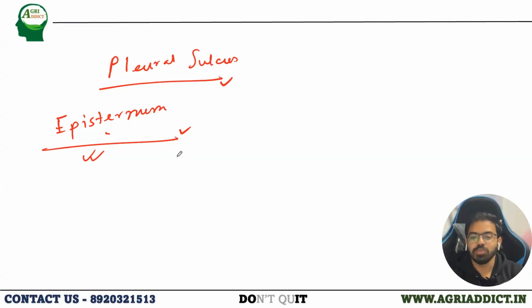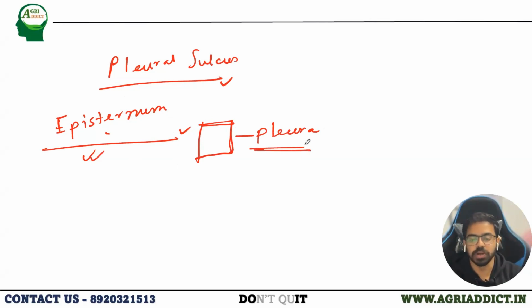Episternum is nothing but the ventral portion of the pleura. For your understanding, I just say that, okay, this is your pleura. This is the ventral side of the pleura. Suppose thoracic pleura, to be specific.